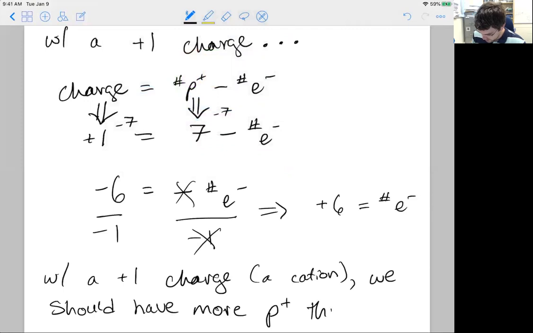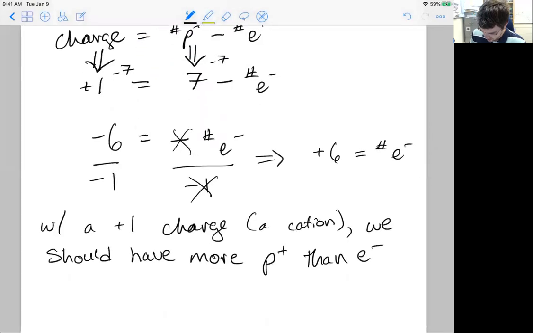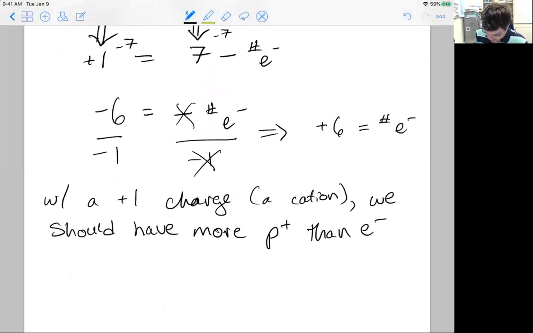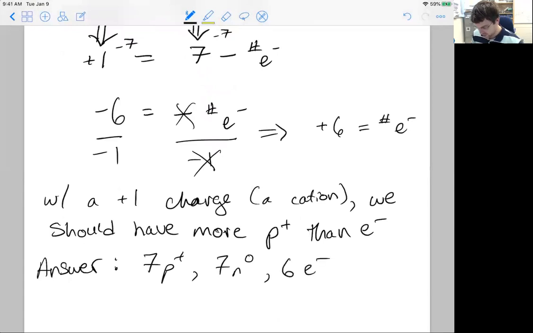Protons than electrons. We have more of the positively charged subatomic particles than the negatively charged ones. And the answer to our question was 7 protons, 7 neutrons, and 6 electrons. So that's consistent with our saying that cations should have more protons than electrons.